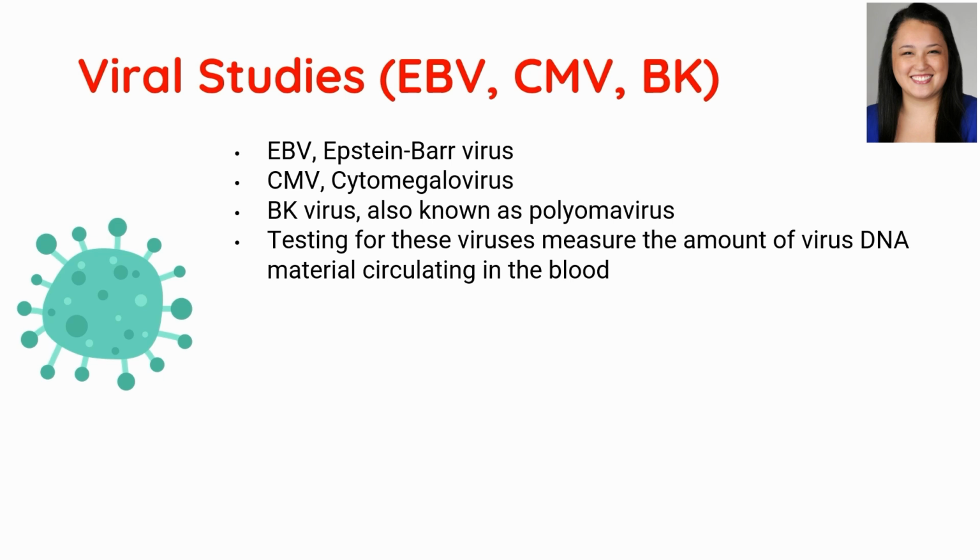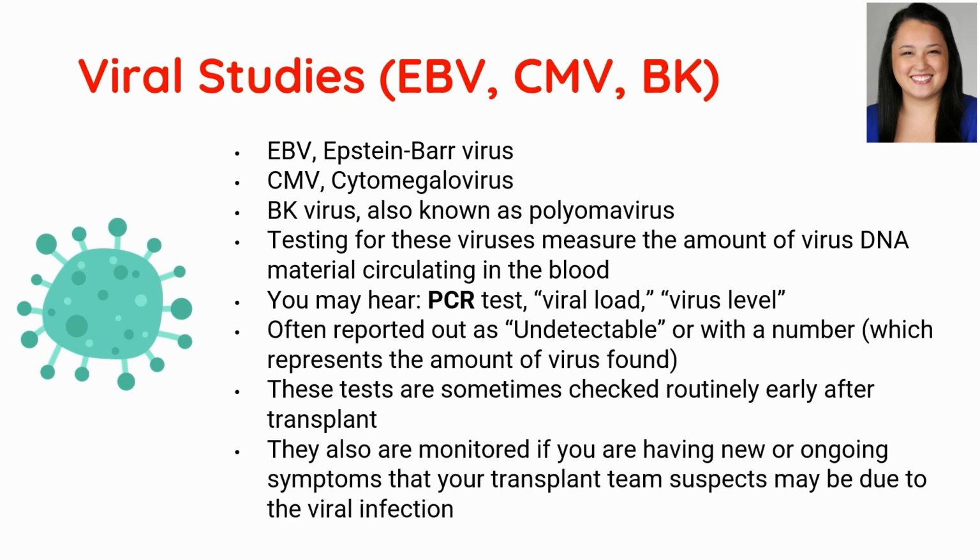Testing for these viruses measures the amount of virus DNA or genetic material circulating in the blood. You may hear the terms PCR test, viral load, or virus level. These are often reported as undetectable or with a number which represents the amount of virus found.